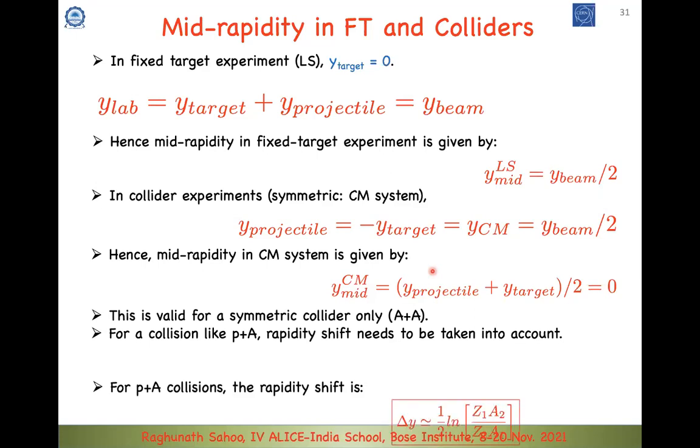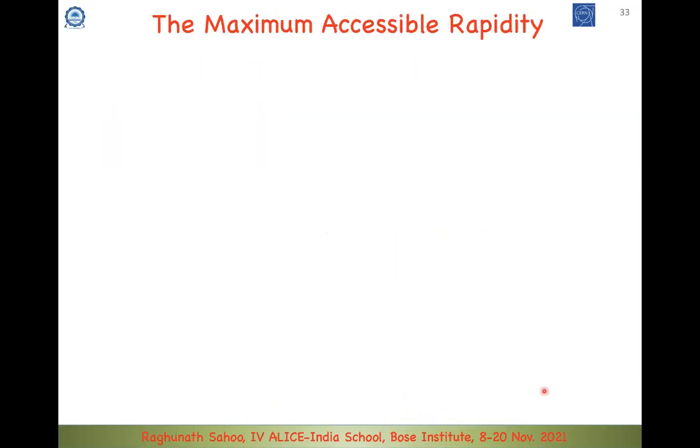But the formula I'm giving: your delta y for a PA kind of collision, the rapidity shift, is half of log Z1A2 divided by Z2A1. How to derive this formula I'm not discussing.